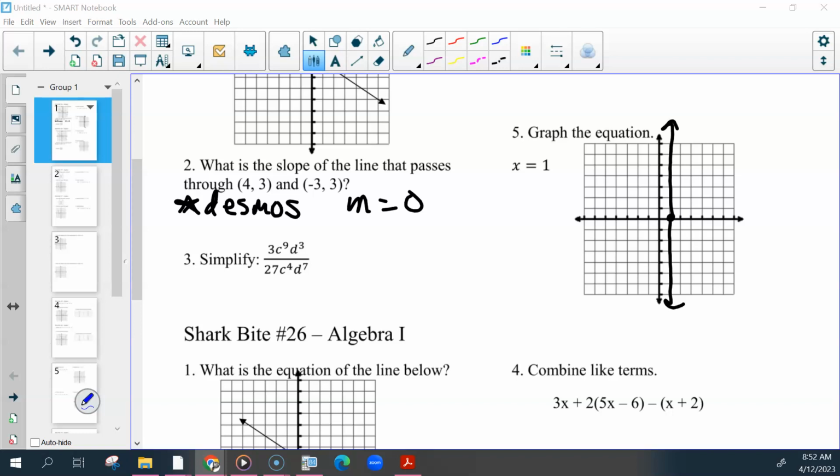Try this one more time and then I'll finish that. I'm going to restart that.